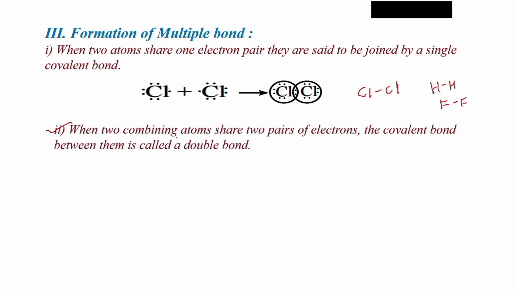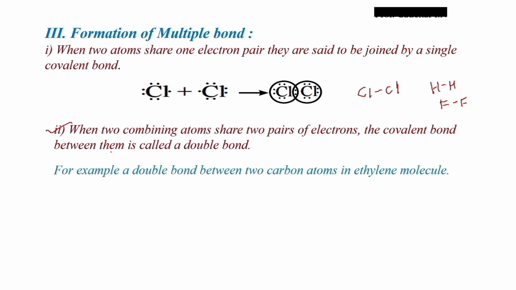When two combining atoms share two pairs of electrons, the covalent bond between them is called a double covalent bond. For example, a double bond between the two carbon atoms in ethylene molecule. Look at here.